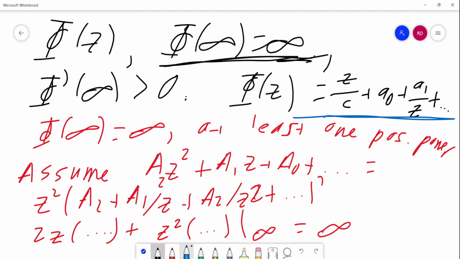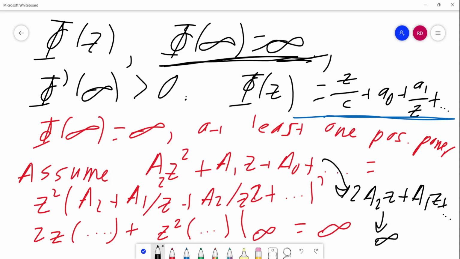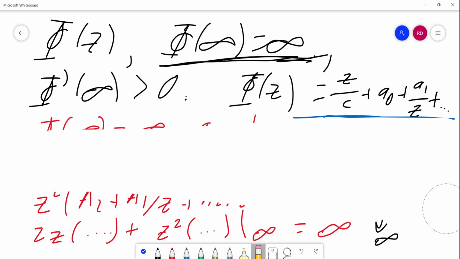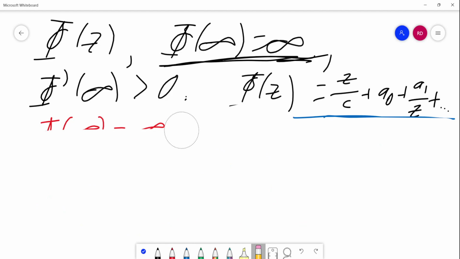I guess the factoring was kind of unnecessary. I could just say the derivative of this would be 2a2 z plus a1 plus dot dot dot, and then this piece would go to infinity at infinity. So, our point then is that this is the form that the expansion of phi will take.